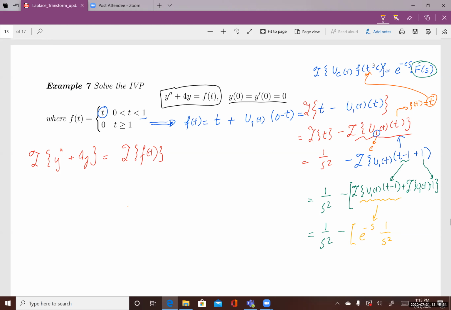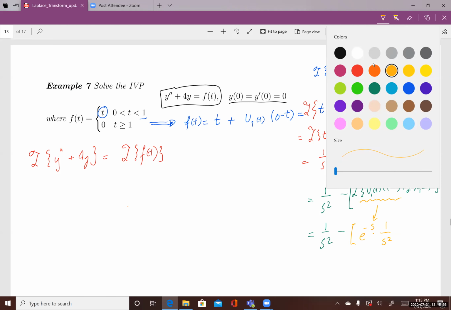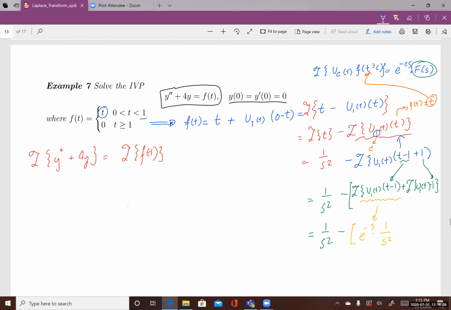And the Laplace transform of the unit step function is e to the negative s still, because c is 1, multiplied by 1 over s.